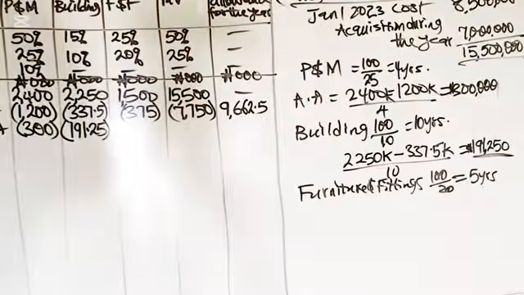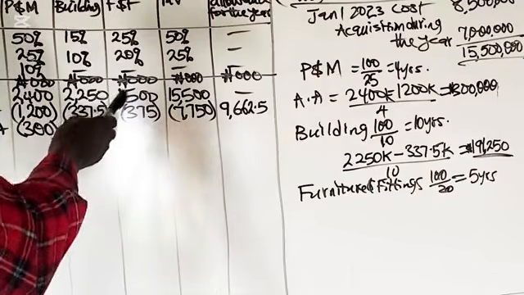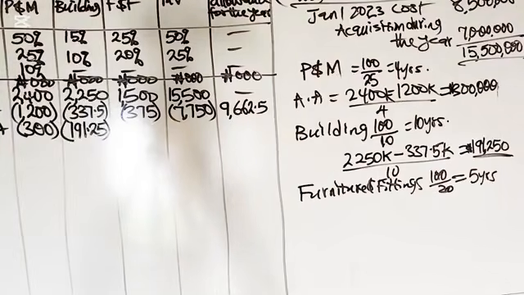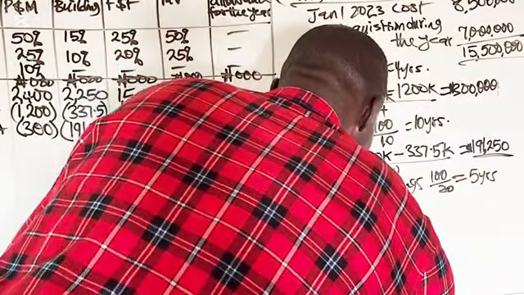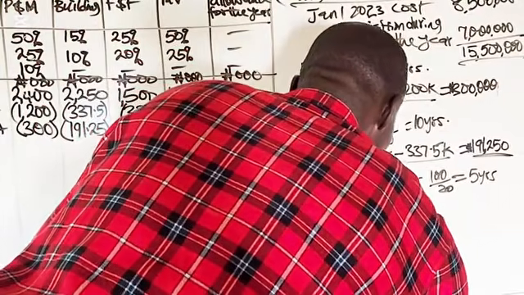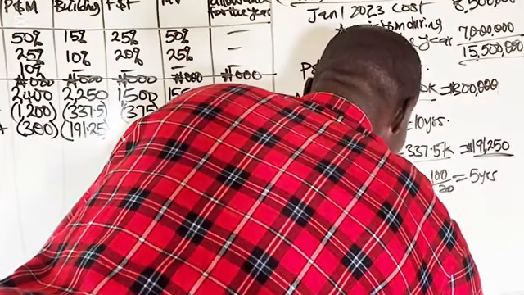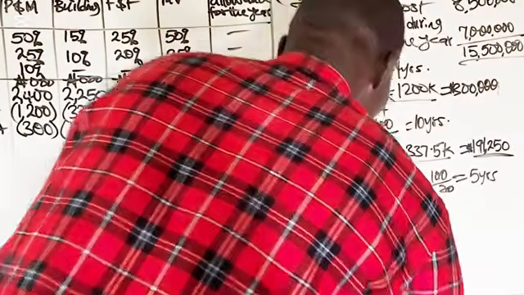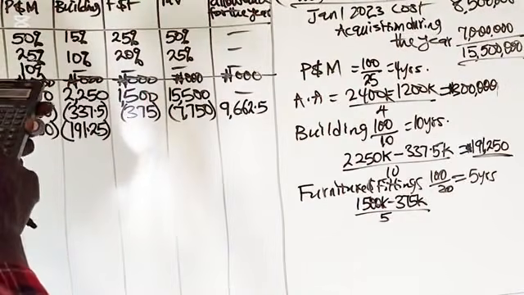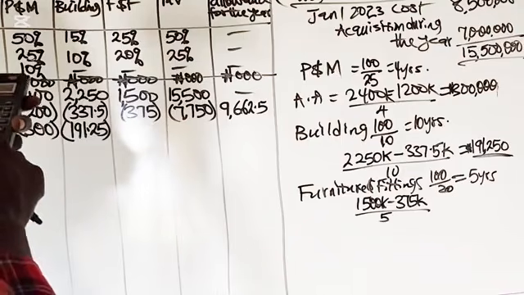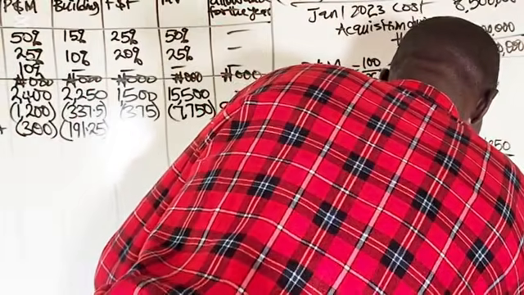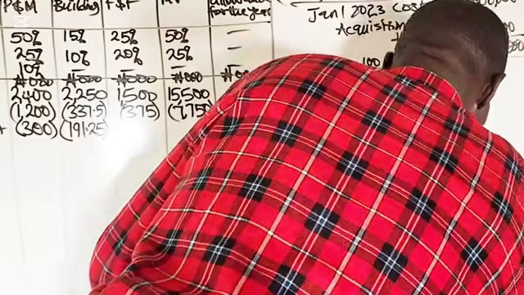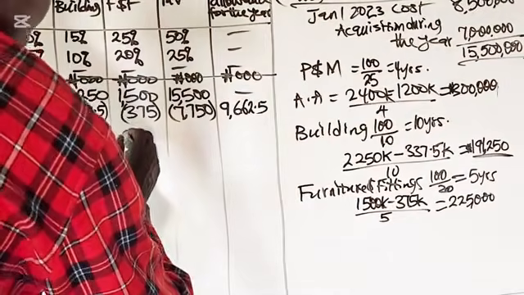So to compute the annual allowance on furniture and fittings, you have cost 1.5 million minus initial allowance of 375,000, divided by 5 years. That will be 225,000. That is the annual allowance on furniture and fittings.